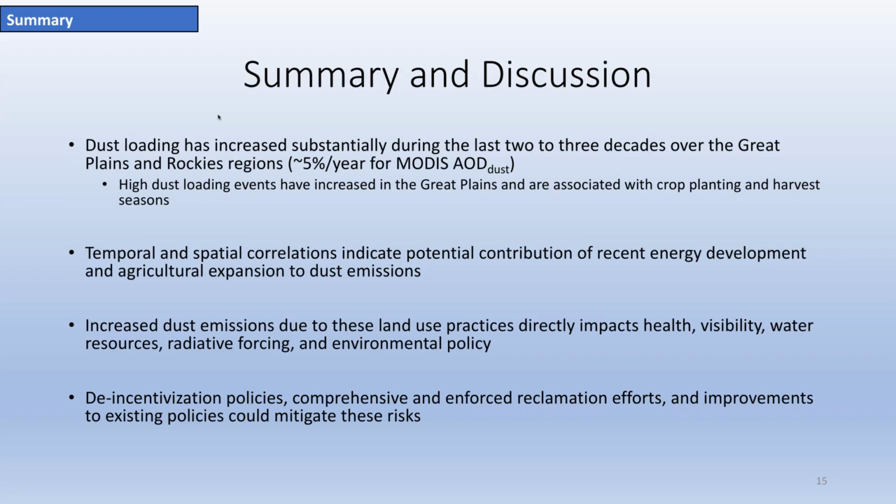Temporal and spatial correlations also indicate potential contribution of the recent energy development growth and agricultural expansion to dust emissions in this region. And these increased dust emissions due to these land practices would have direct impacts on health, visibility, water resources, radiative forcing, and environmental policy.